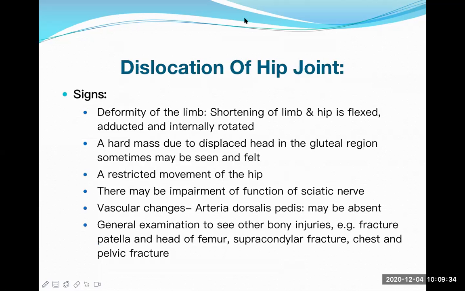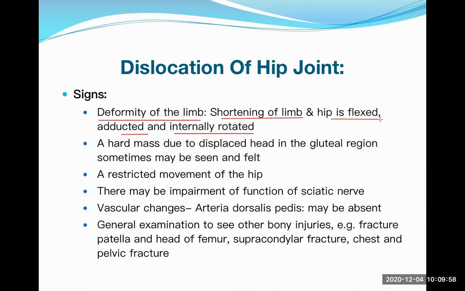What are the signs now? Let me explain these signs because they are quite important if you want to diagnose it. See here, there is deformity of the limb which I can see in the patient. And what type of deformity is more common? Shortening of the limb; the hip is flexed, adducted, and internally rotated.